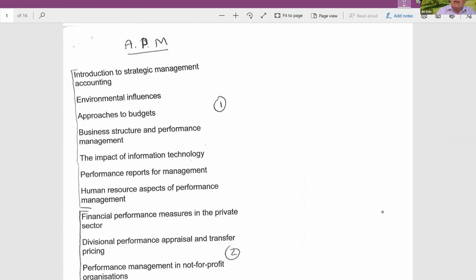The sections that I look at are section 1, as you see there: Introduction to Strategic Management Accounting, Environmental Influences, Approaches to Budgets, Business Structure and Performance Management, Impact of Information Technology, and Performance Reports of Management, and HR aspects of performance management. So that's section 1 of the syllabus, and I call it section 1 simply because it's mainly theoretical. There are things there that we might need to be aware of, but we can get to that in a second bit.